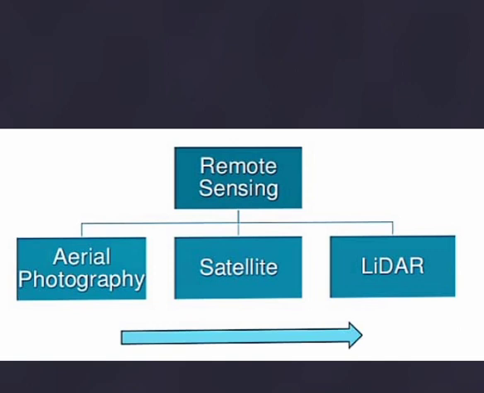If you take the word photogrammetry separately, it is the process of recording, measuring and interpreting photographs. As I said, this is a type of remote sensing where you are not in contact with the particular object.